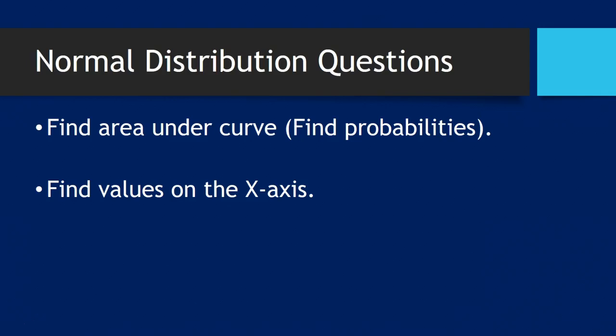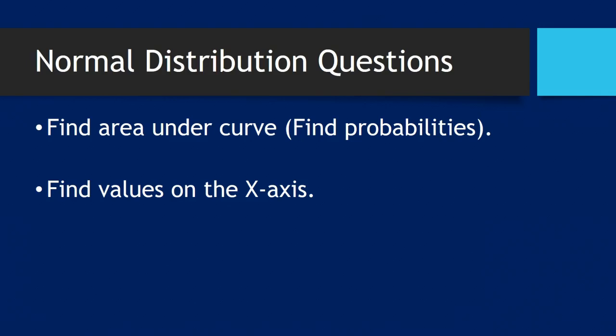So finding the area under the curve is equivalent to finding probabilities. The second type of question is, can I find some sort of values on the x-axis? And these are kind of reverse questions of each other.